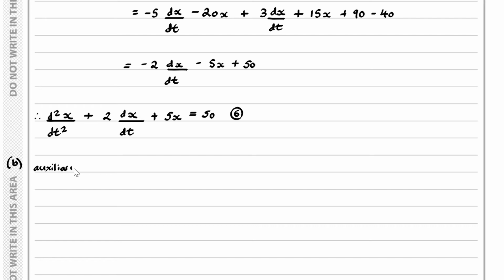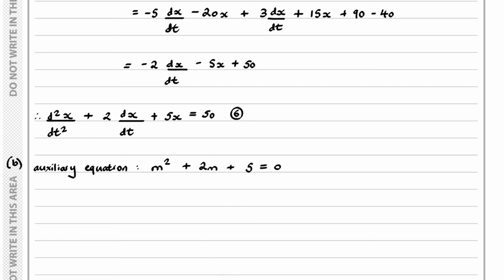So our auxiliary equation, we have the coefficients on the left hand side 1, 2 and 5. So we have m squared plus 2m plus 5 equals 0.